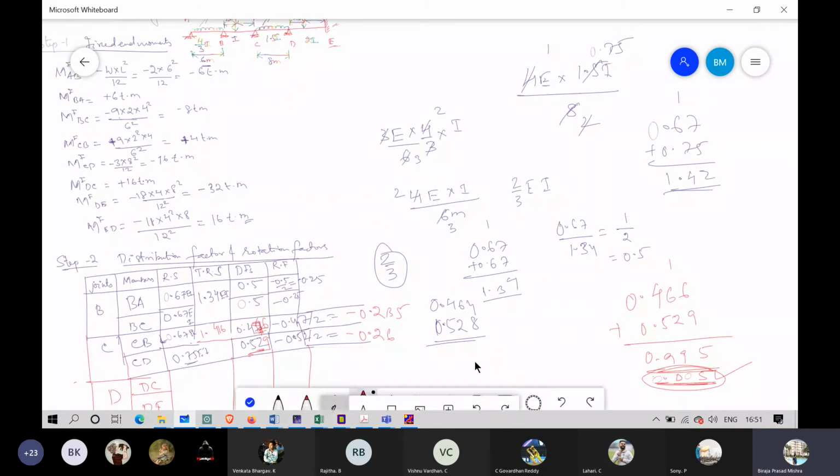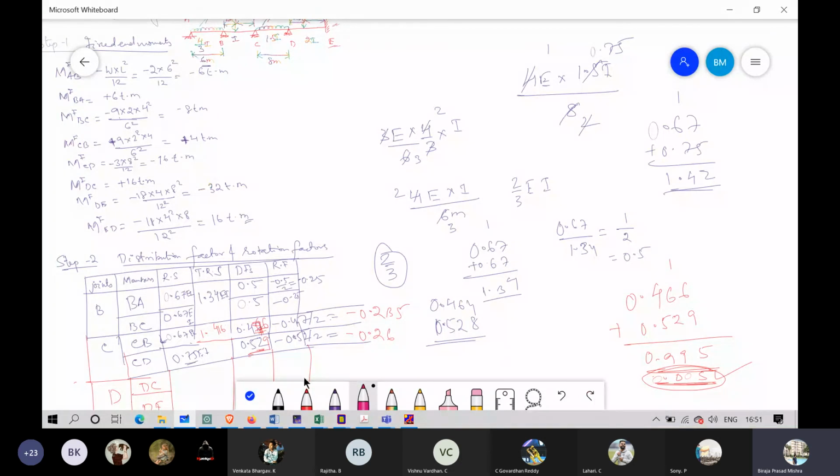For DC, it is 4 into E into I is 1.5 I divided by L is 8, so the same 0.75 EI.